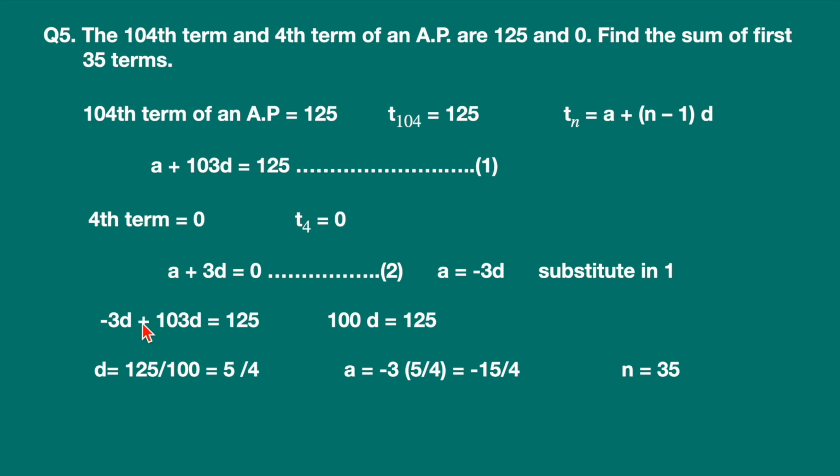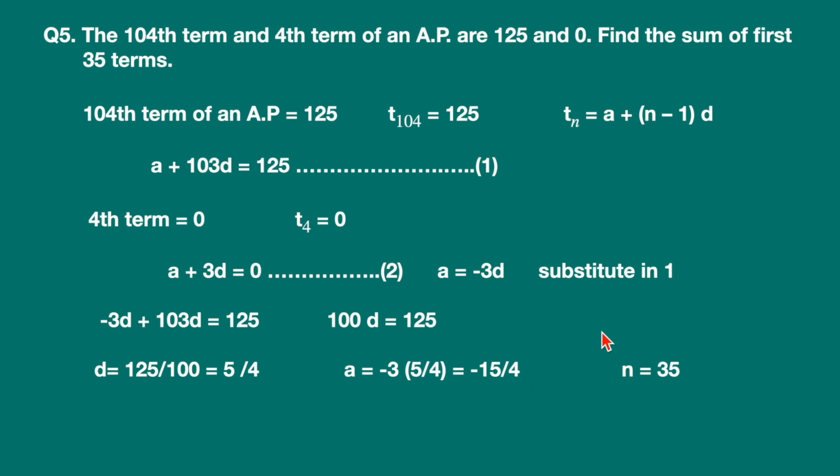Substitute here: minus 3D plus 103D is equal to 125. So 100D is equal to 125. D is equal to 5 upon 4. Now we got the value of D. We want to find the value of A. A is equal to minus 3 into D, 5 upon 4. So this is minus 15 by 4.